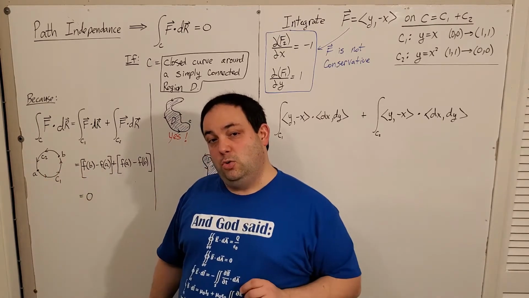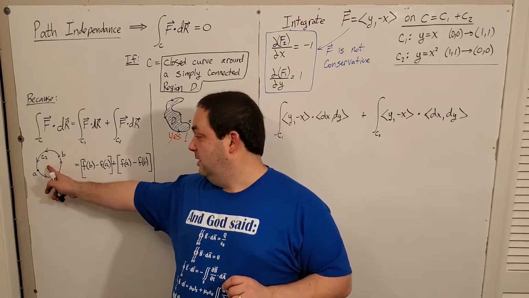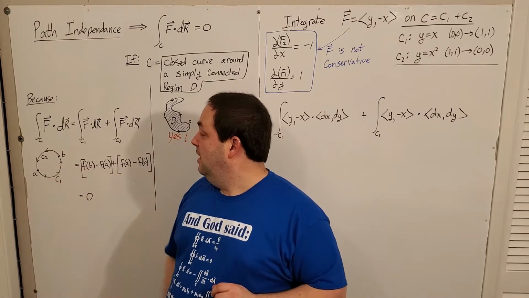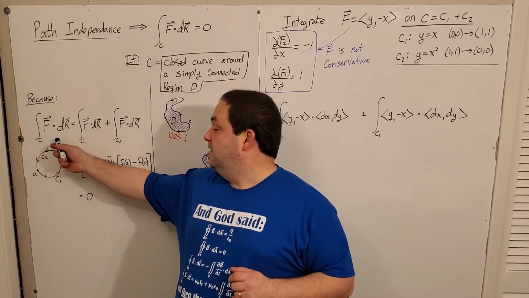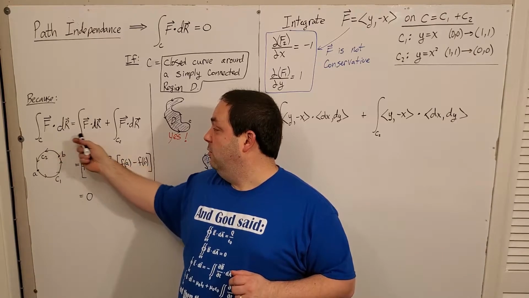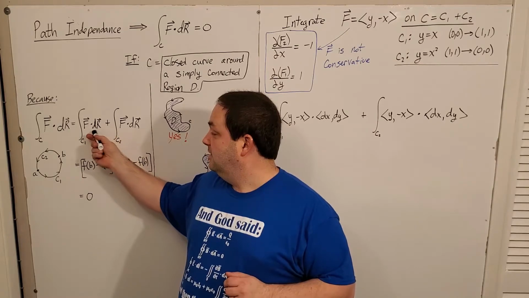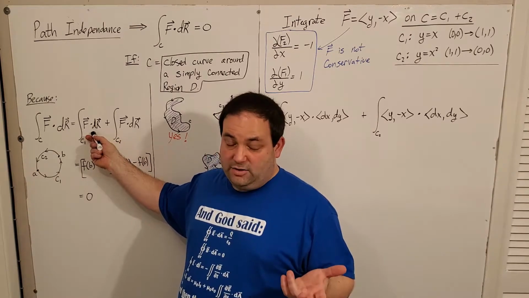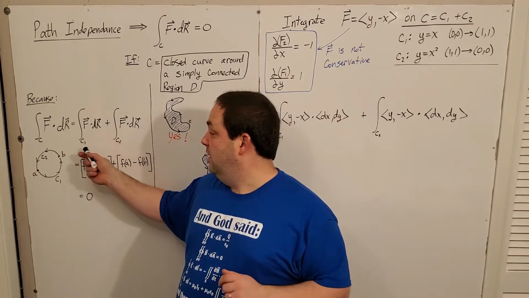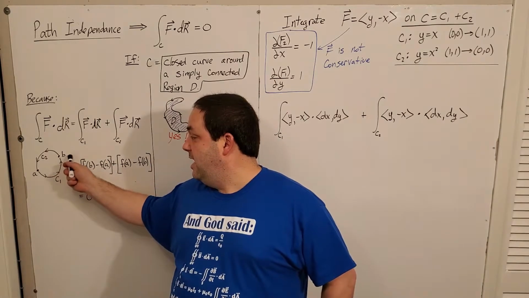So that's a closed path, right? Simply connected region. And this is what happens. I can split the path integral into an integral on each pathway, right? Since f is conservative, it actually didn't matter which path I choose. C1 starts at A, ends at B.